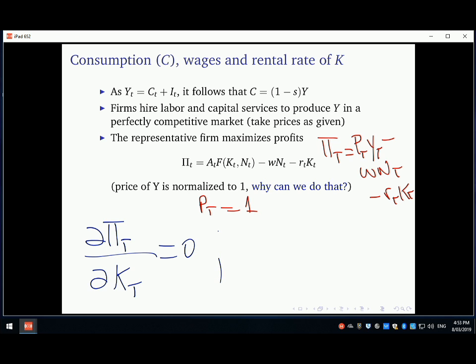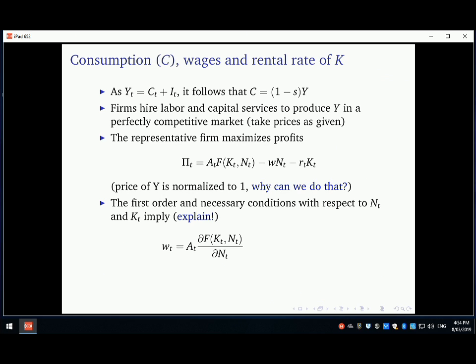When we do that, we will find a relationship that describes the optimal decision of capital and labor. Those are the mathematical conditions for firms to pick labor and capital optimally. Just take that as given from a mathematical perspective. Once you do that, this is what you get.